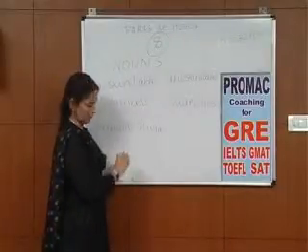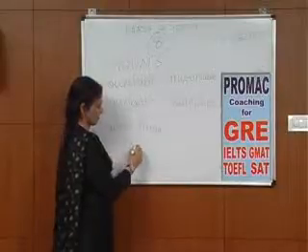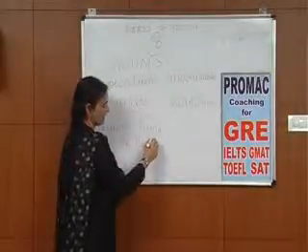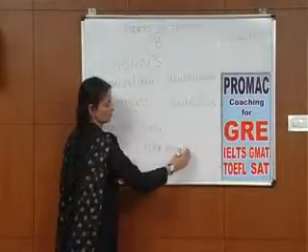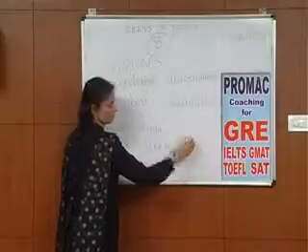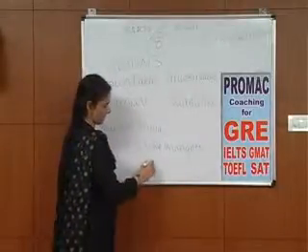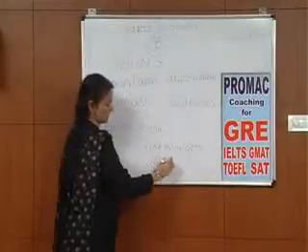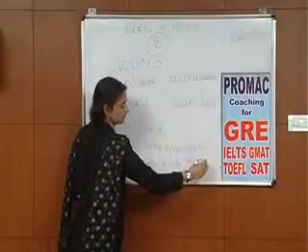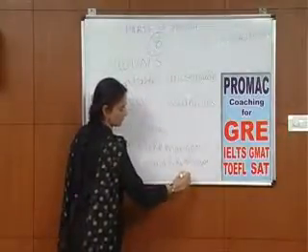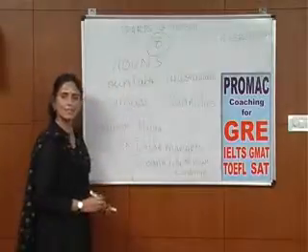For example, I can say something like, I like mangoes. Or I can say, I would like to have a mango. Now, what is the difference in both these sentences?